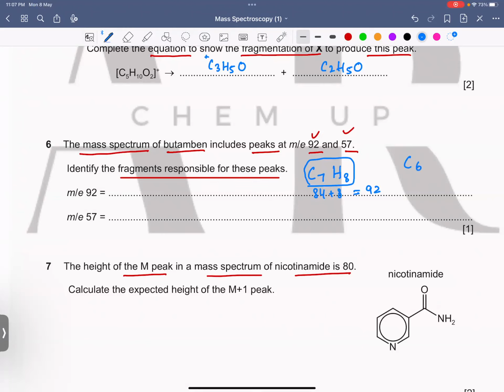If I put 20 hydrogens, the valency is not satisfied, because if you recall, the maximum hydrogens for 6 carbons would be 14. So it can be considered wrong. So this could be the only fragment if they have not provided any other information. But if they have provided information that there must be another element, you can include that element as well.